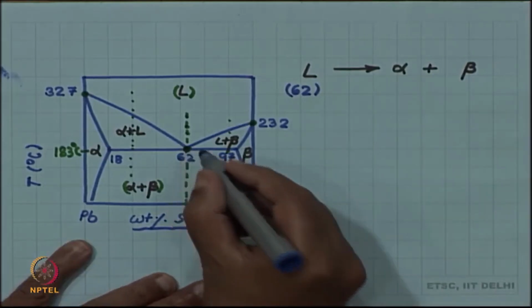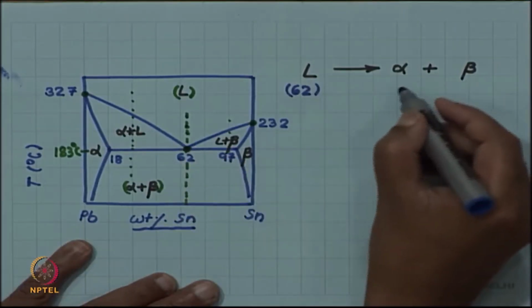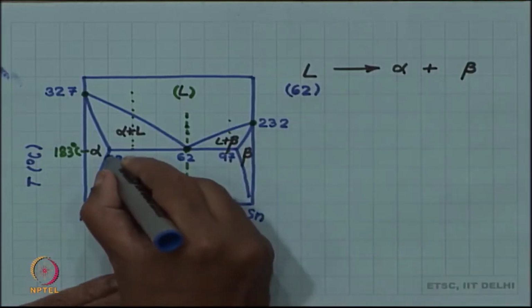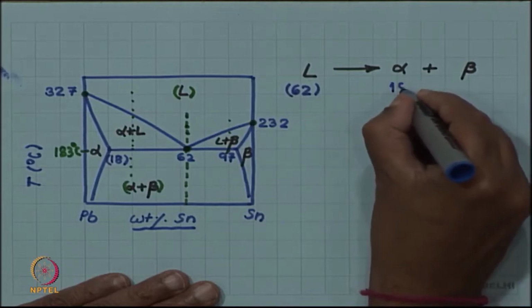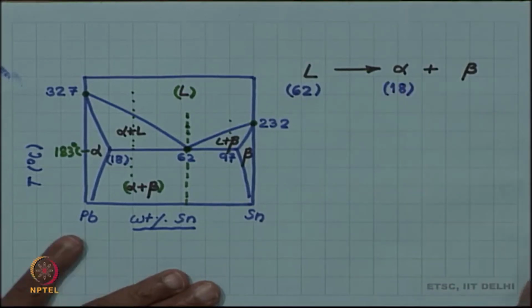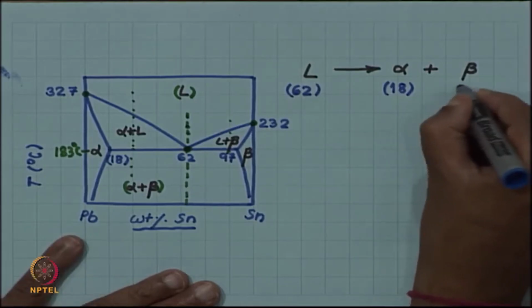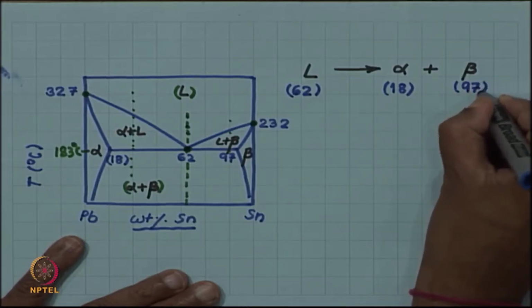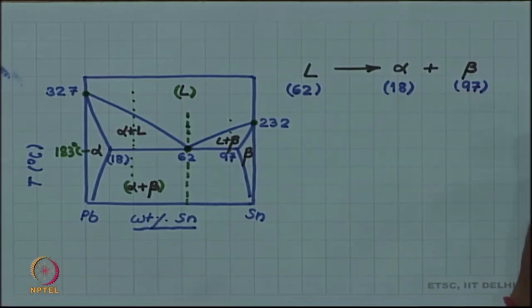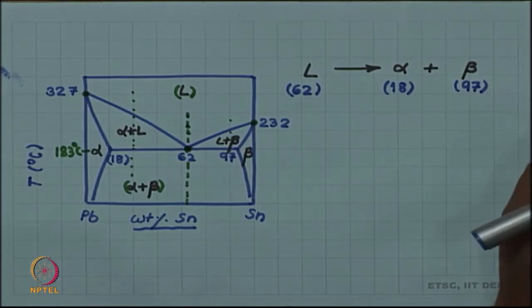Alpha which will form by decomposition of this liquid is given by this end composition 18. So, 18 weight percent tin in alpha and 97 weight percent tin in beta. So, beta is more or less pure tin with 3% lead.